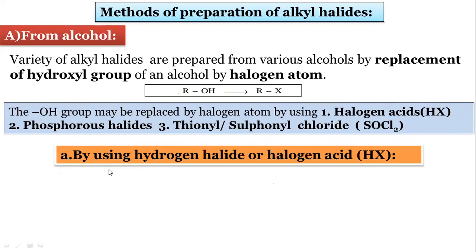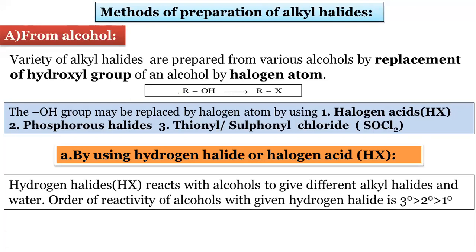First one, by using hydrogen halides, that is HX. There are 4 types of HX: first HF, then HCl, then HBr, and then HI. But reaction with hydrogen fluoride is very fast, it takes place vigorously, violently.